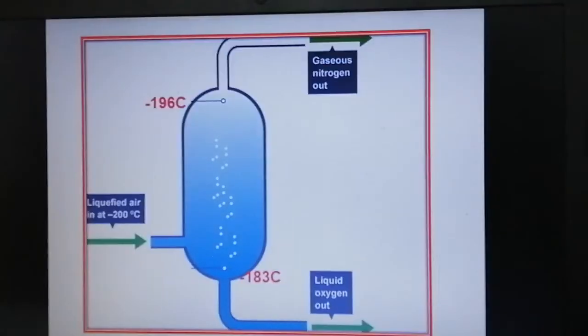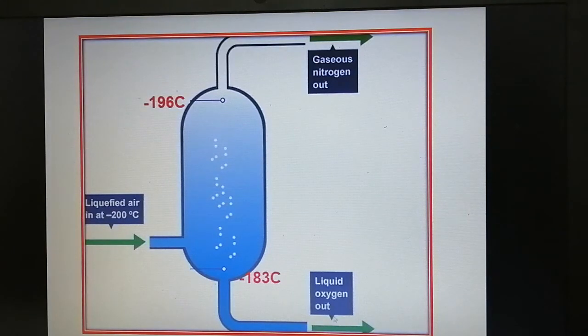You can see here a fractional distillation column for air I have taken like this. At minus 196 degrees we can collect gaseous nitrogen, and at minus 183 degrees liquid oxygen is going out. You can see the picture on page number 208.